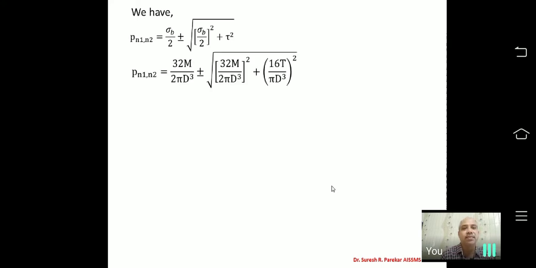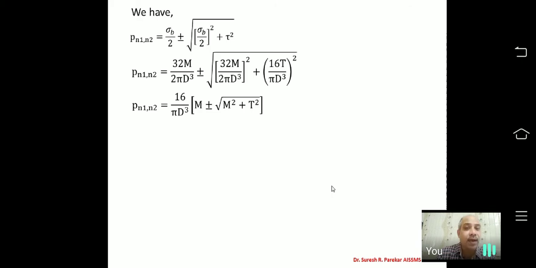So now for bending, we put the values of sigma b, which is 32 M upon pi d cube, and tau, which is 16T upon pi d cube. You can see we have substituted these values, and we can take 16 upon pi d cube common from all. By taking 16 upon pi d cube common, I will get this equation as M plus minus root of M square plus T square.